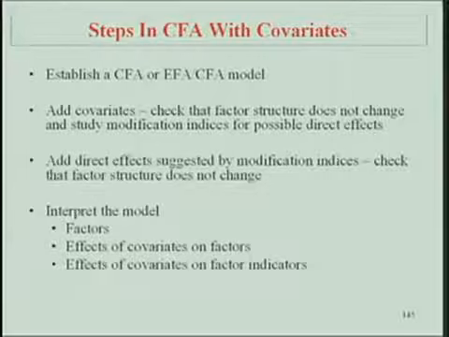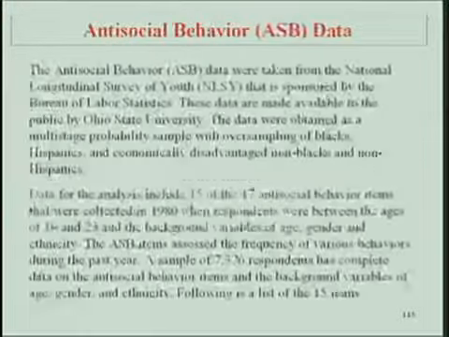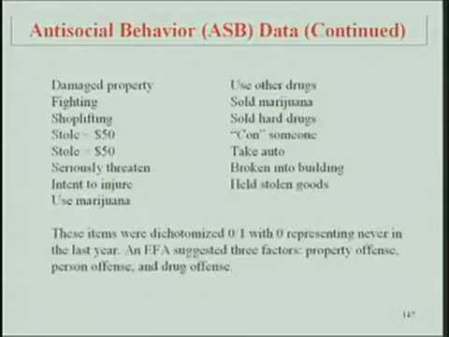Add direct effects suggested by the modification indices, and check that the factor structure does not change. And then interpret the model, the factors, the effects of the covariates on the factors, and the effects of the covariates on factor indicators. So same thing as what we did last time.